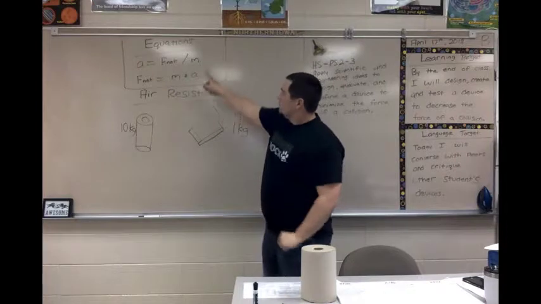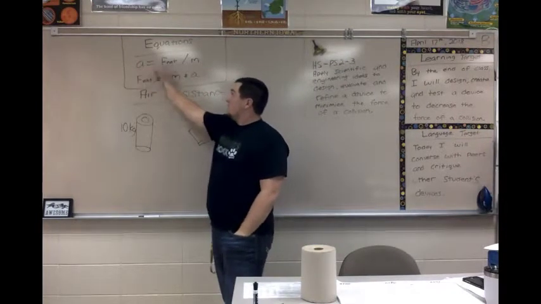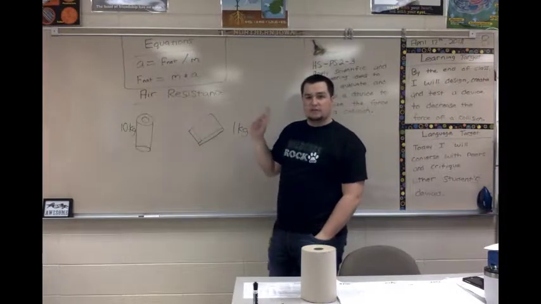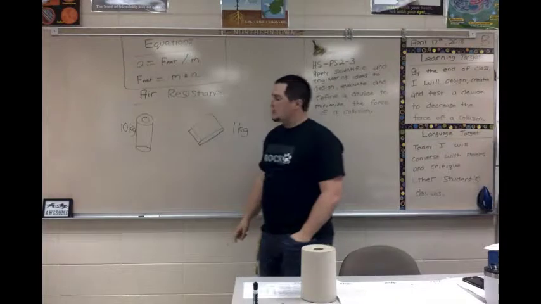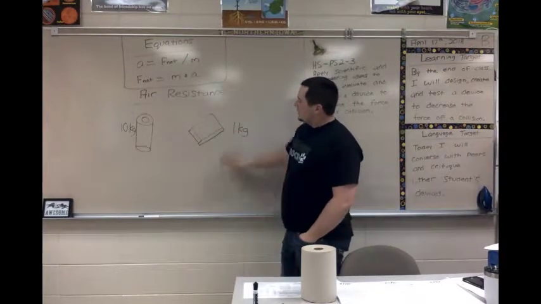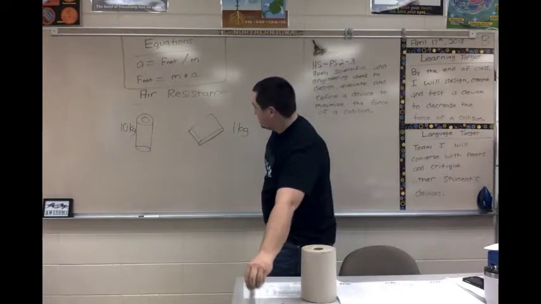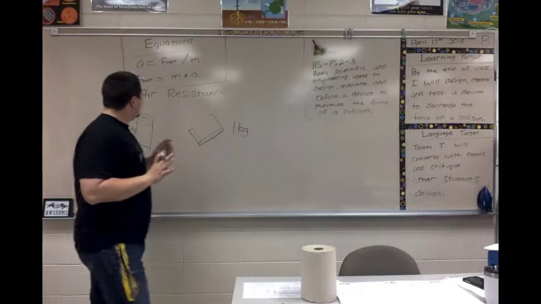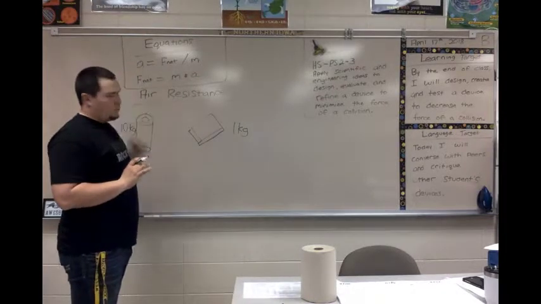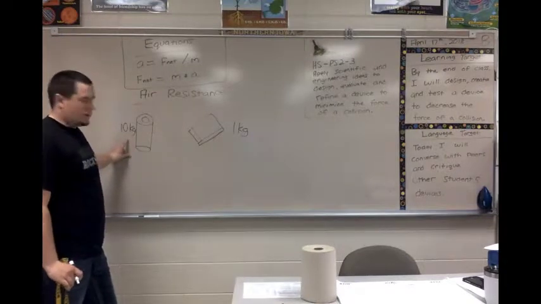Here's why. Newton's law says that our acceleration has to equal our net force divided by our mass. So let's say this roll of paper towels had a mass of 10 kilograms, and this eraser had a mass of only 1 kilogram. What we need to do is figure out what its net force was. So this net force would equal its mass times gravity.